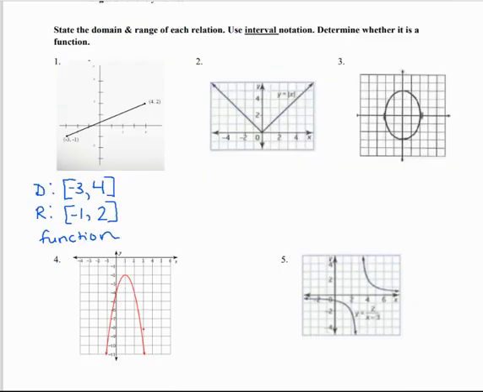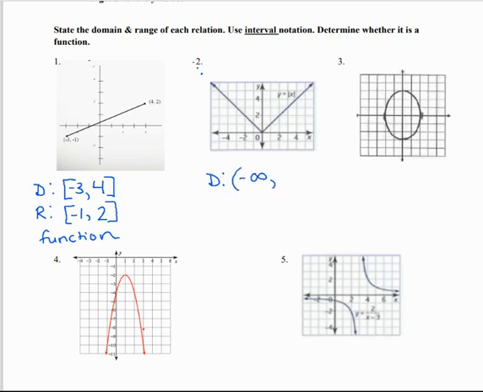Let's do number 2 together. For number 2, our domain, we're looking at left to right, right? My x value. As I go to the left, we see this V shape. Of course, it's going up, but it's also bearing off to the left, and there's an arrow. So we're going to keep on going forever, not only up, but towards the left. That means our x values are going to go all the way to -infinity.